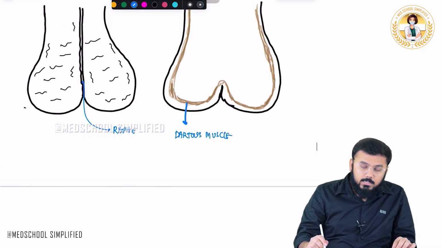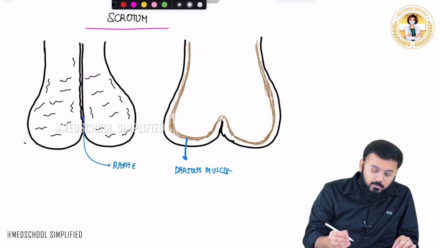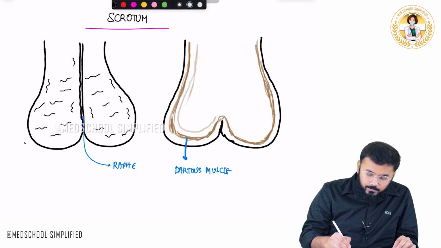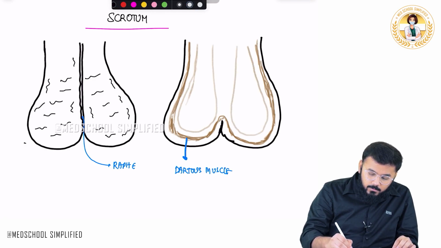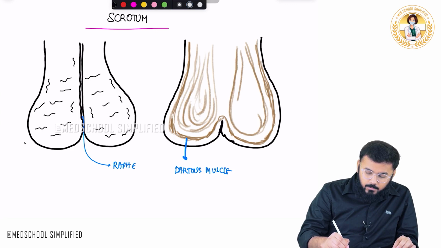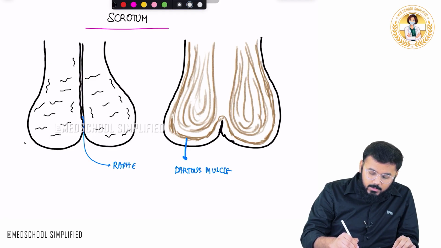Now apart from the Dartos muscle, you have another important muscle also. This is a particular muscle that is located over here. You see another important muscle located over here apart from the Dartos muscle.